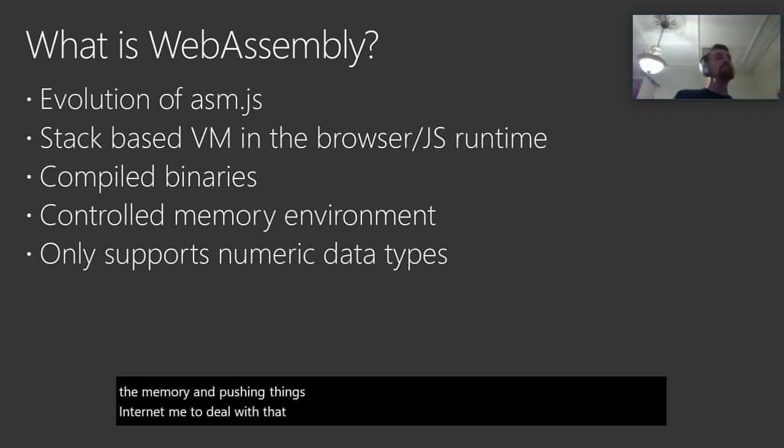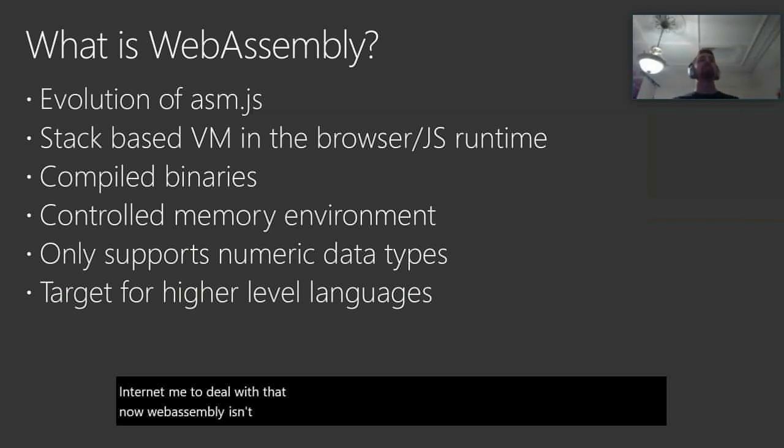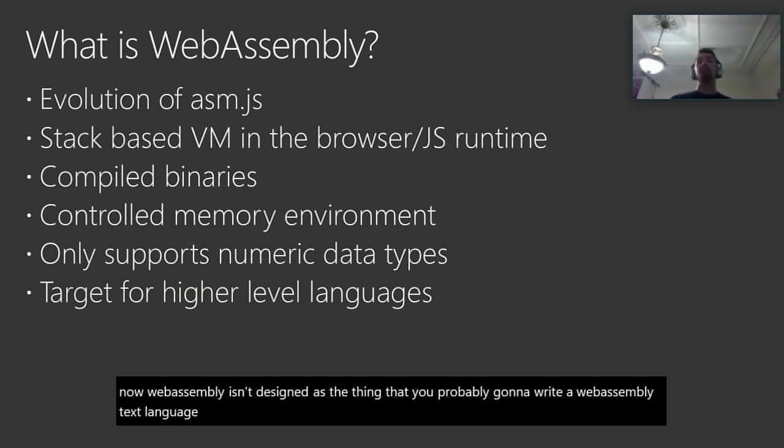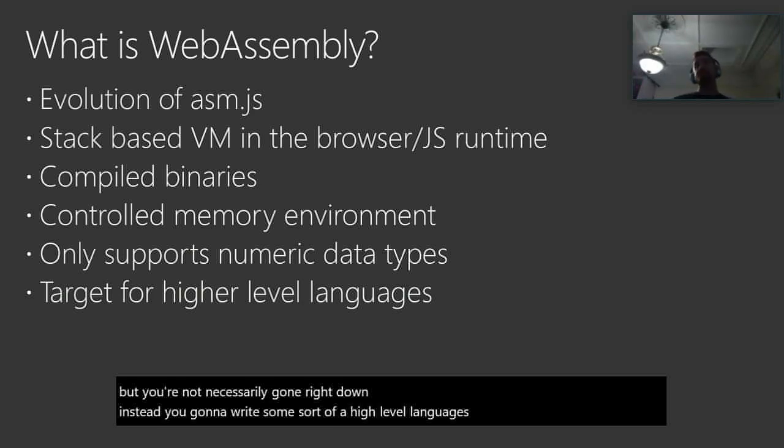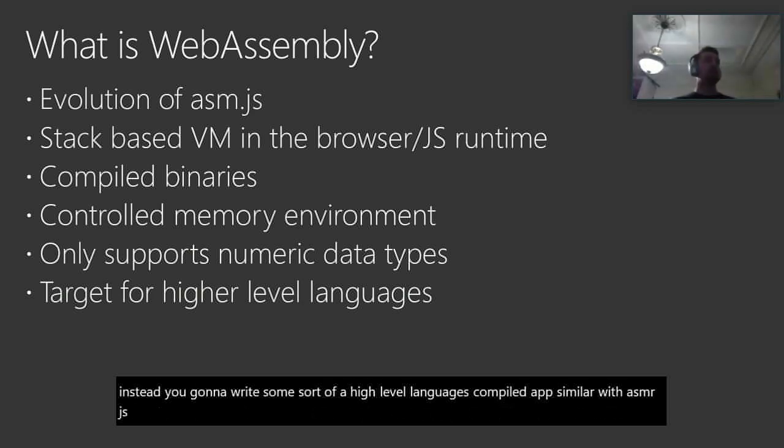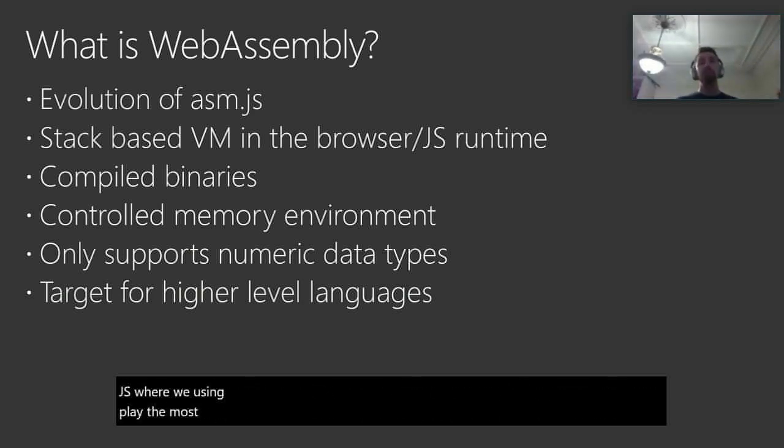Now, WebAssembly isn't designed as the thing that you're predominantly going to write. WebAssembly text is the language of WebAssembly, but you're not necessarily going to write that. Instead, you're going to write some sort of higher level language and compile down. Similar to WASM.js, where the most common tool for that was LLVM to do a compilation down to WASM.js.